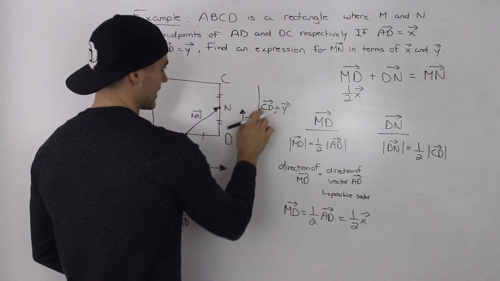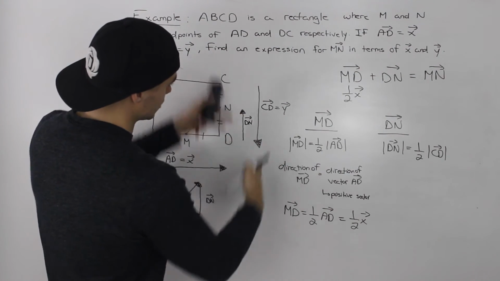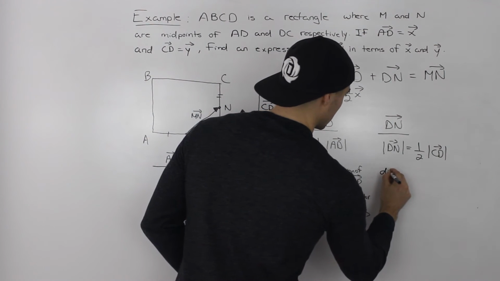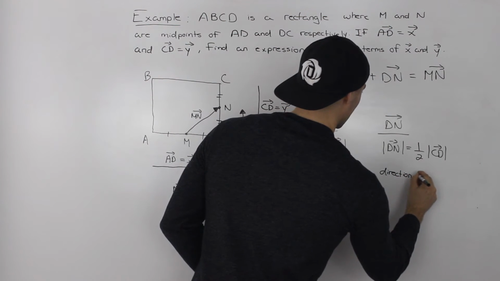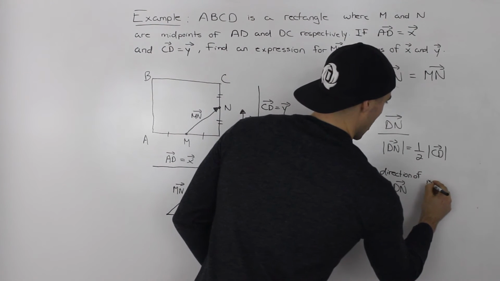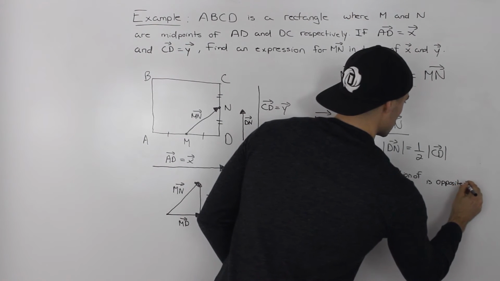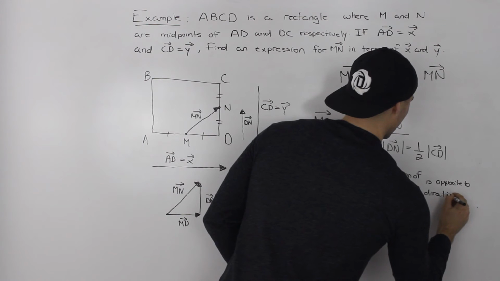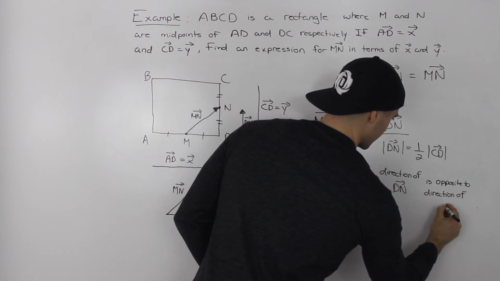If we draw DN here so we can see it closer to CD, we notice that the directions are opposite to each other. So the direction of vector DN is opposite to the direction of vector CD.